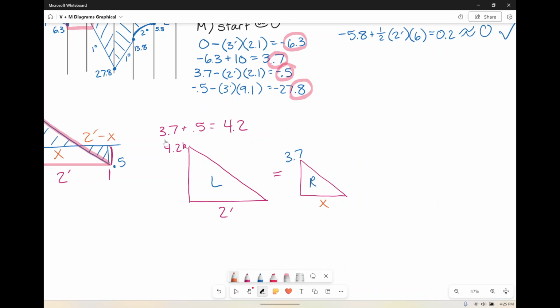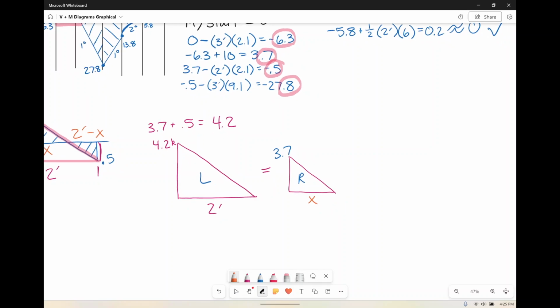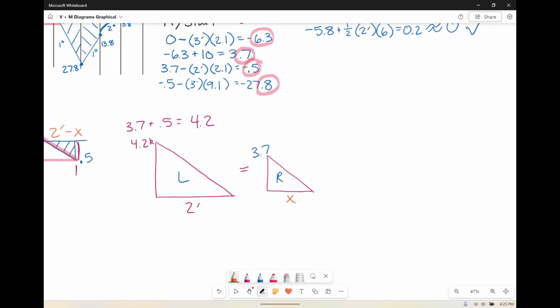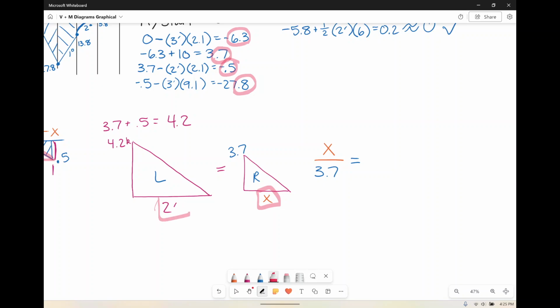Either way doesn't matter. I'll do lefts and rights, but I'm going to do right first. I'm going to put x on top because that always makes things easier. So x is to 3.7, things on my right, is equal to, same bottom first, 2 feet is to 4.2 kips.